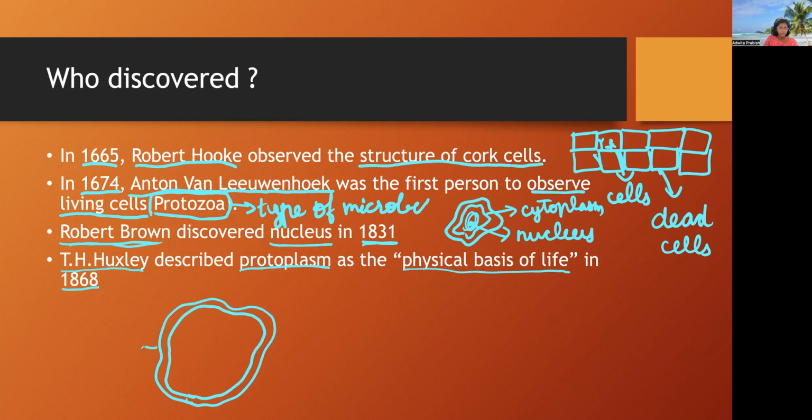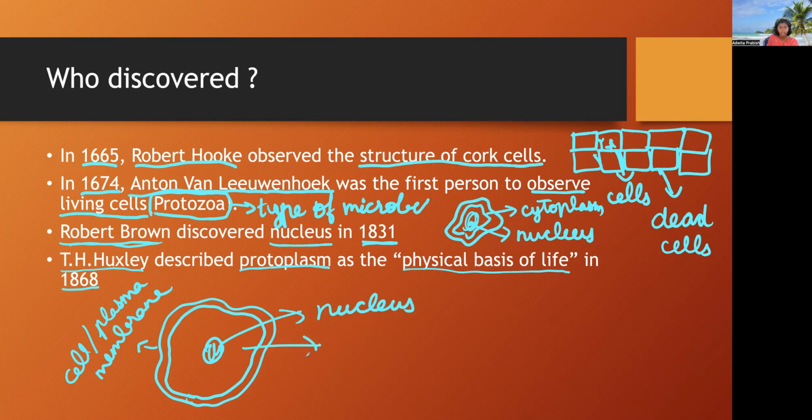The boundary is called the cell membrane, also called the plasma membrane. So what we can see here is the nucleus, the cytoplasm.